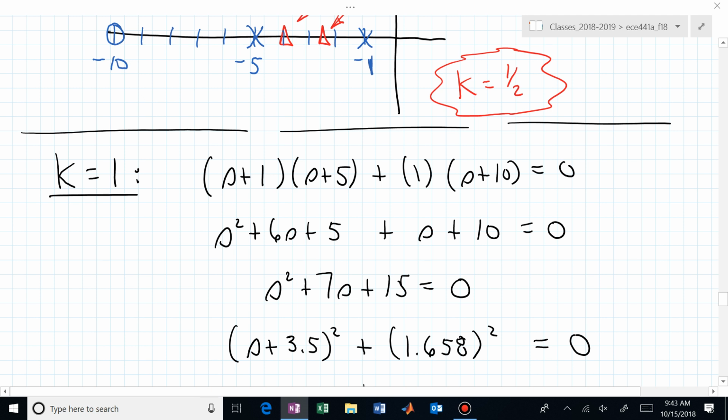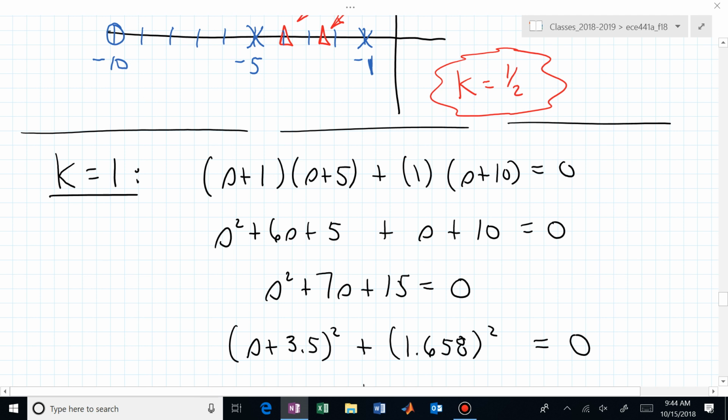They're at -3.5. And the imaginary part? They're at 1.6. So the poles are actually, if you've tried to factor this or solve for s, you would find s is going to be complex, and it's going to be in conjugate pairs, and you're going to have poles at -3.5 plus and minus j 1.658.